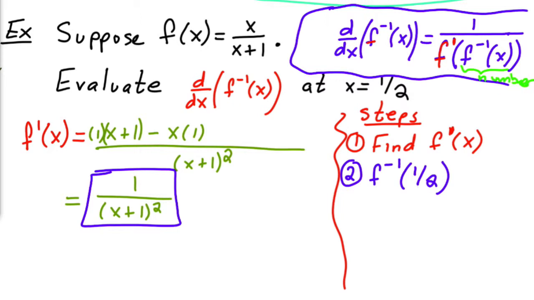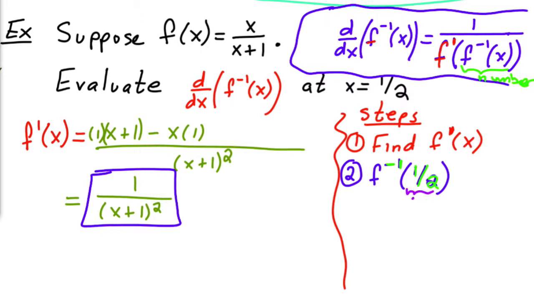So I need to find what the inverse is at 1/2. The problem is that you might not have the inverse function. Of course, you can actually find it, but you're just looking for it at one particular value, the value of 1/2.